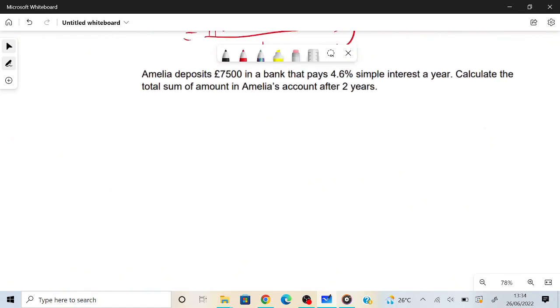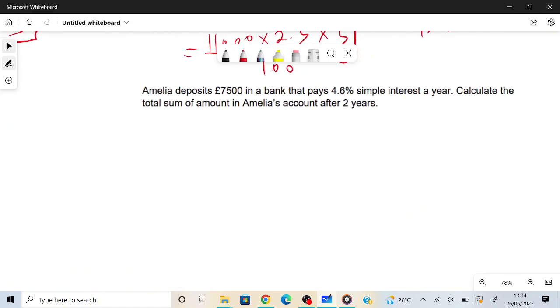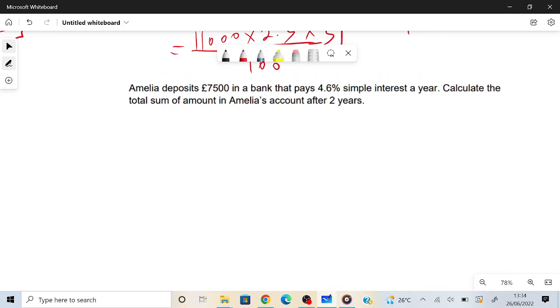So let's have a look at the next example. So Amelia deposits £7,500 in a bank that pays 4.6% simple interest a year. Calculate the total sum of amount in Amelia's account after 2 years. Let's start with what we need.